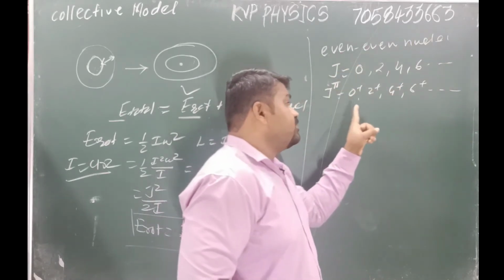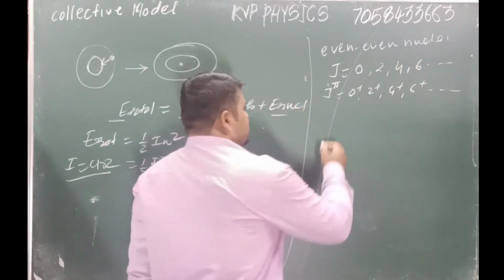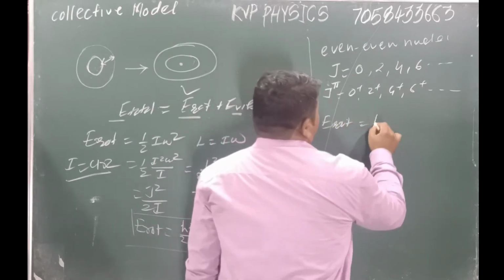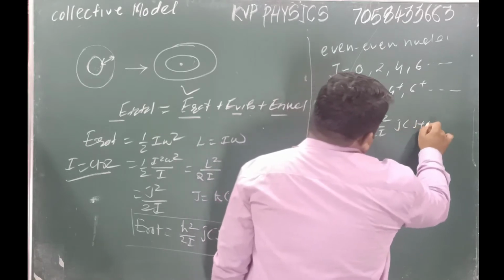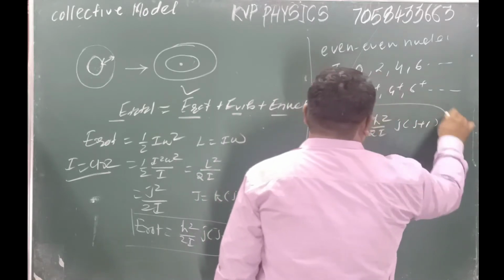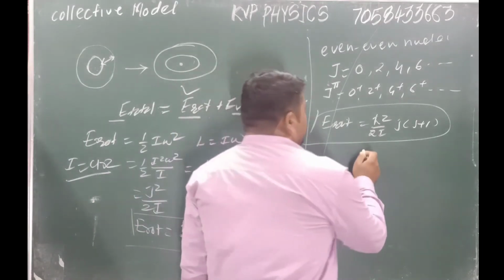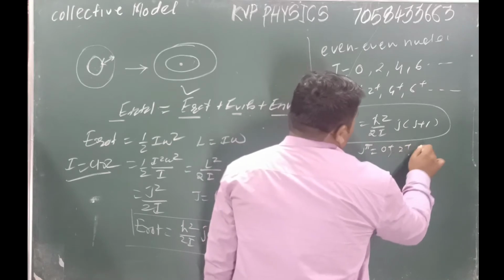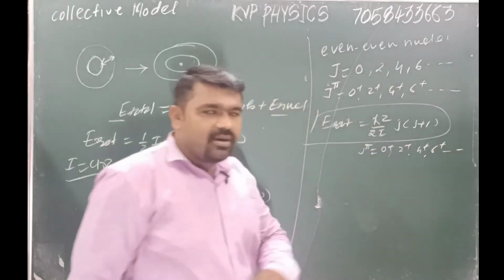So your energy E rotational is equal to h cross square upon 2I J into J plus 1. And which values are allowed? This is a very important thing. J pi is equal to, always memorize this, 0 plus, 2 plus, 4 plus, 6 plus and so on.